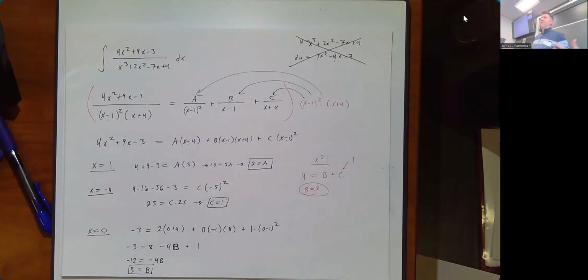It always feels like a bummer with partial fractions because you've done all the work to do the thing, and then you still have to integrate the thing after you've done all the work.